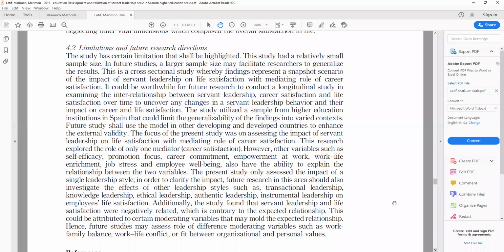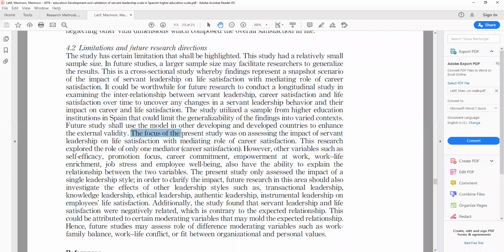Now, the study utilized a sample from higher education, so this study could be replicated in others. But the most important contribution, or the most important problem that one could solve, is adding new variables into this study, identifying how a particular relationship or a particular variable can influence other variables.